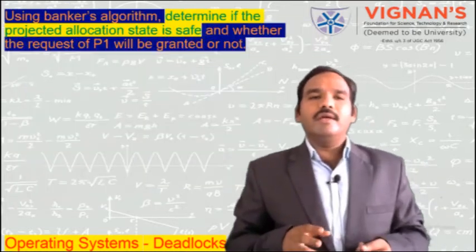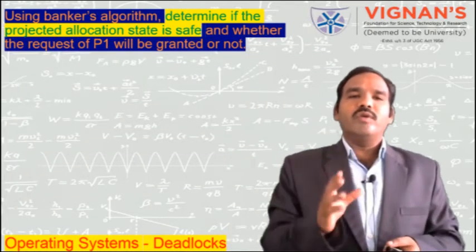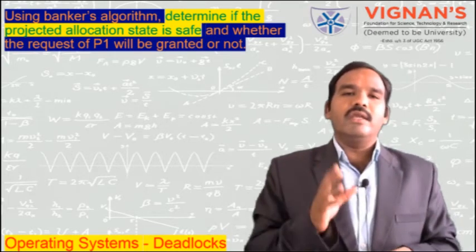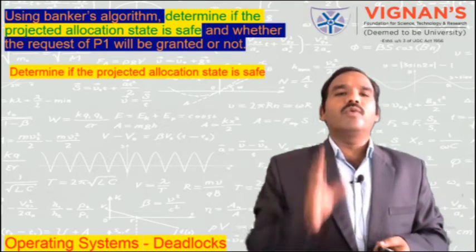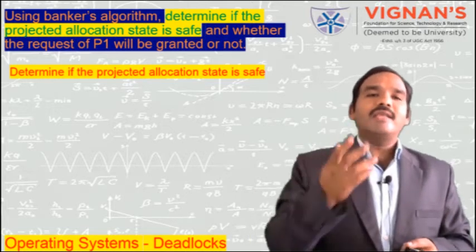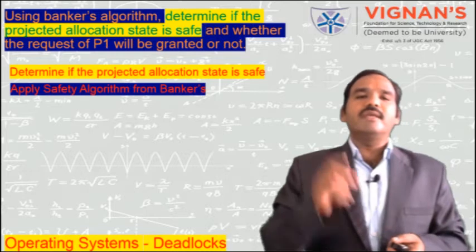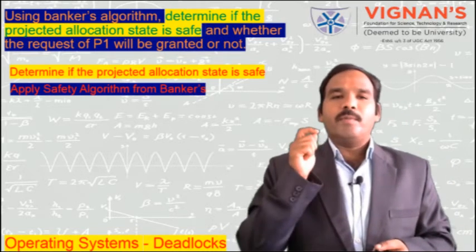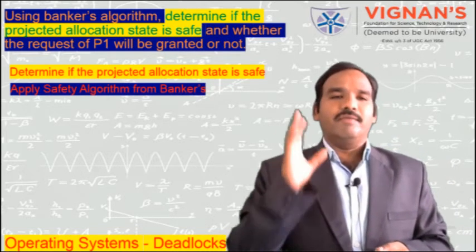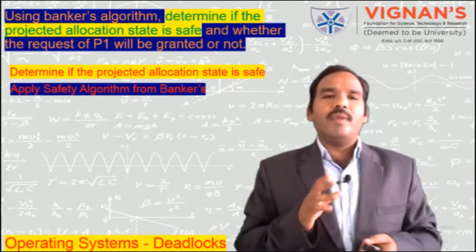Let us see in this slide: we are going to analyze the question and find the two things asked. One is to determine if the projected allocation state is safe. What is the algorithm we are going to apply?